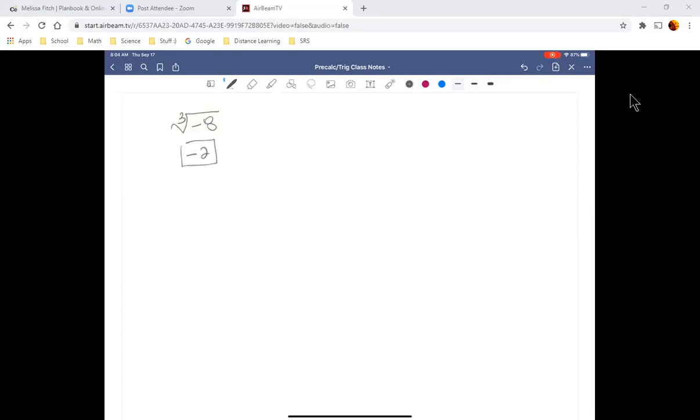And remember when you guys used to check your work? To check it, I would have negative 2 to the third. So negative 2 times negative 2 times negative 2 is going to equal negative 8.